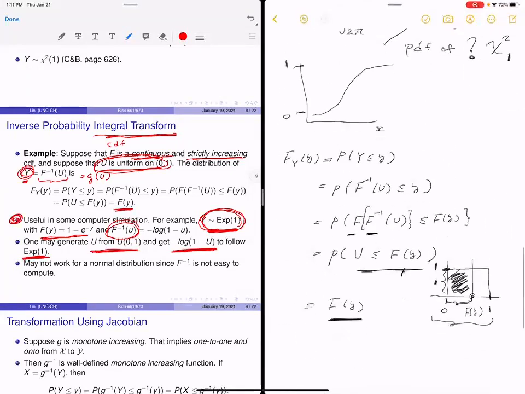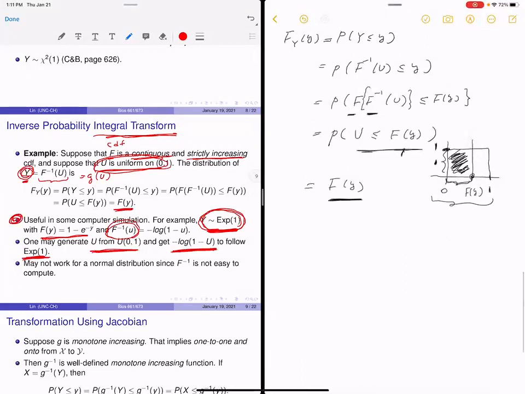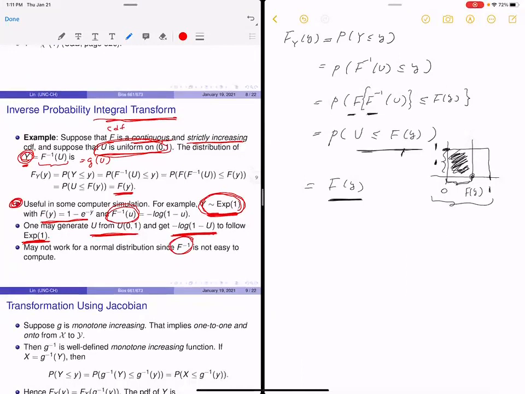But the point is, I do need to know what the F inverse function is. Then imagine you really want to use the same strategy to generate a normal random variable.